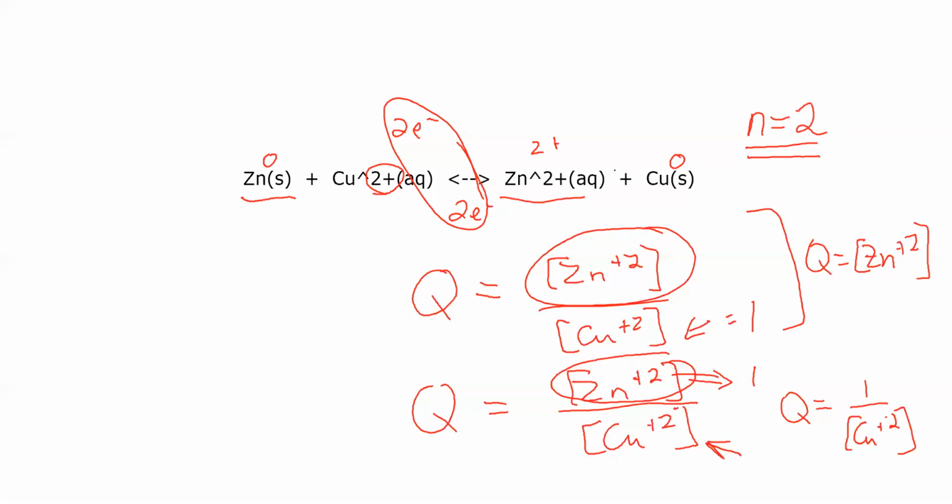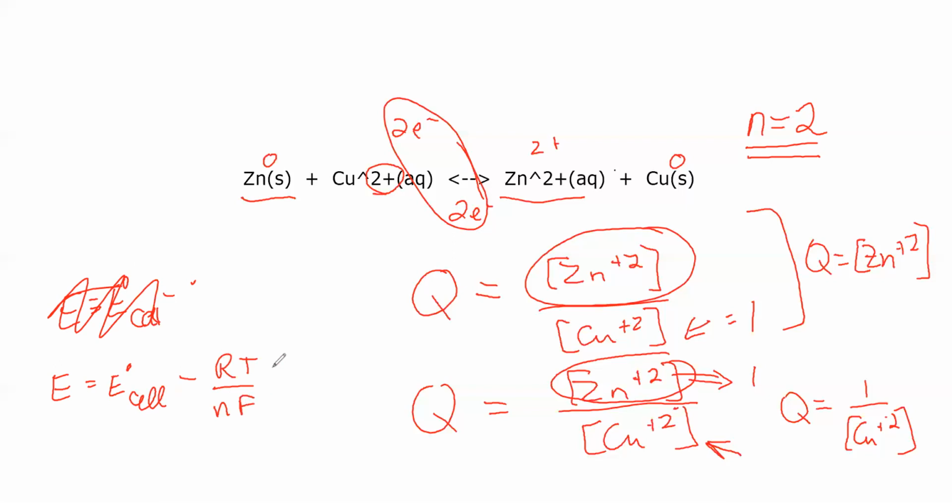That equation is E equals the standard E cell minus RT over NF, natural log of Q.